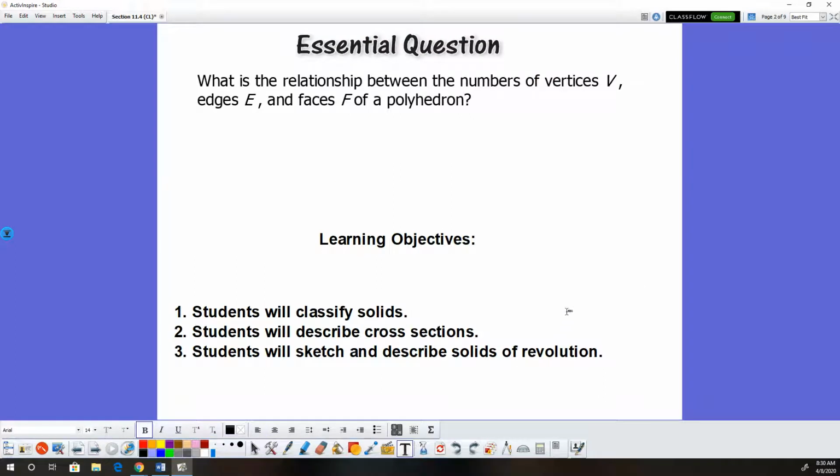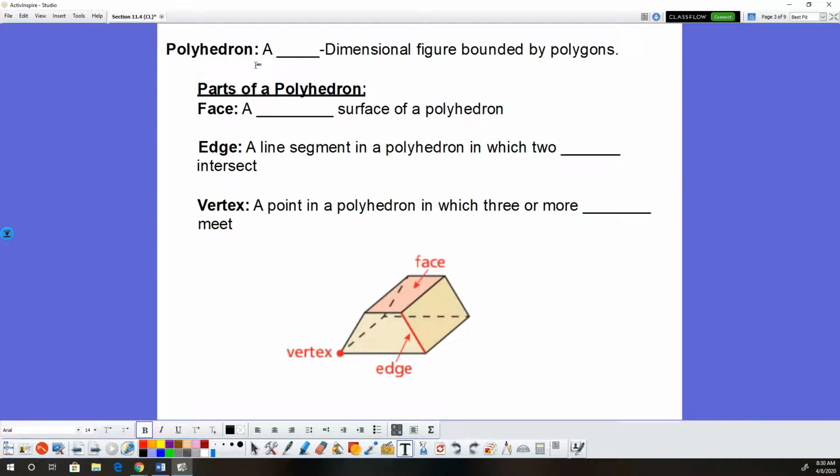All right, so we're going to go into three-dimensional figures. A lot of it's how we name them, the parts of them, things like that. A polyhedron is what we are going to go over first. A polyhedron, guys, is a three-dimensional figure that's bounded completely by polygons. So all sides of this three-dimensional figure are composed of polygons.